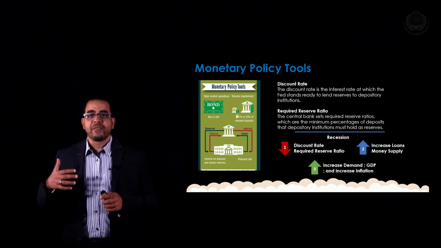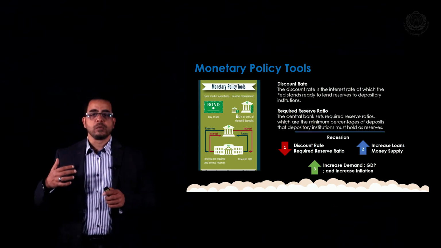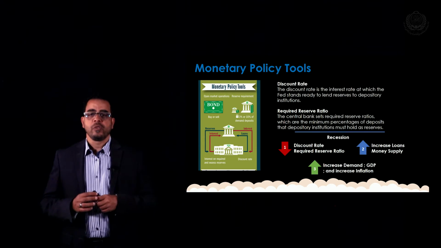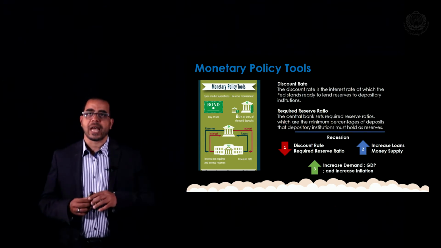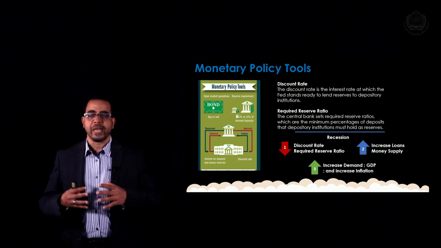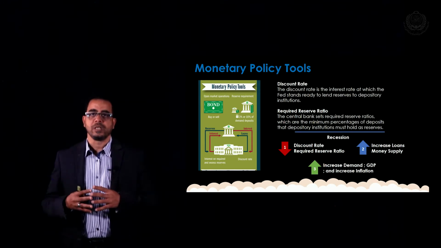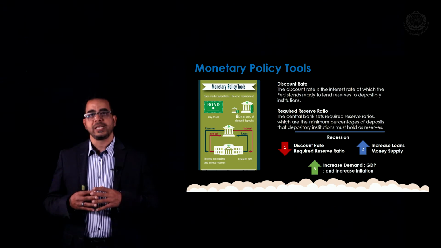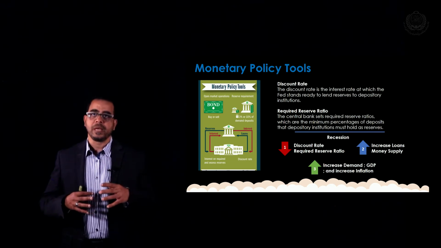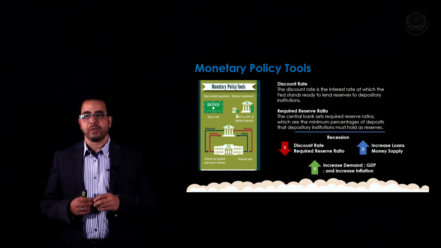So if the central bank wants to treat a recession and increase the quantity of money, it will start reducing this discount rate. So banks will be encouraged to make more loans, increasing the quantity of money in society. This will lead eventually to an increase in demand, an increase in GDP, and maybe an accelerating inflation rate.